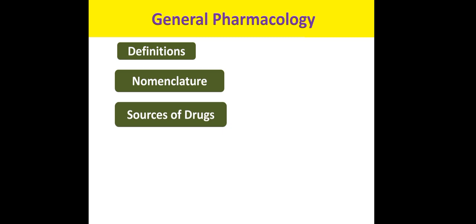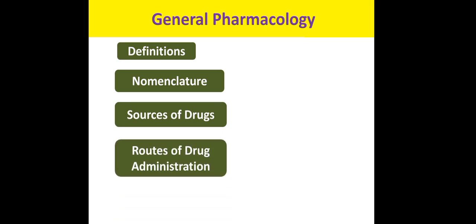Then, what are the sources of the drugs? You all know that pharmacology means the study of drugs, but which are the different routes of drug administration? What are the advantages? What are the disadvantages? In which condition should which route be used? All these will be discussed in general pharmacology.